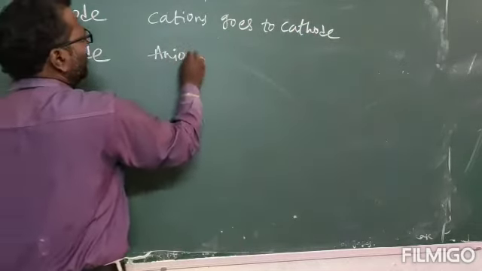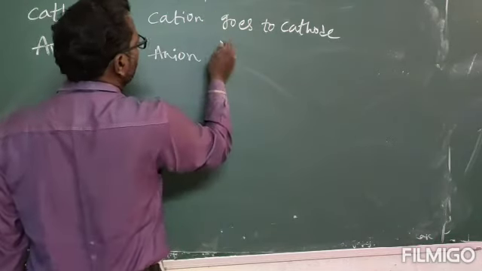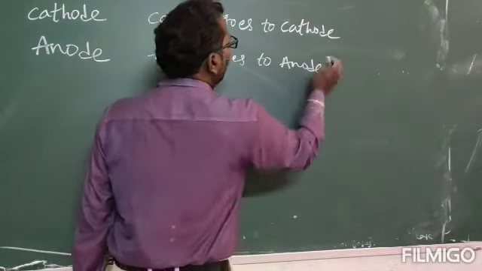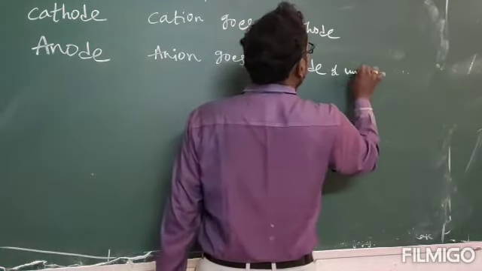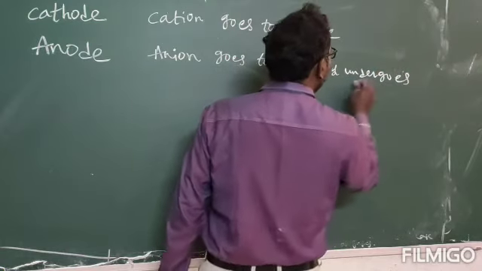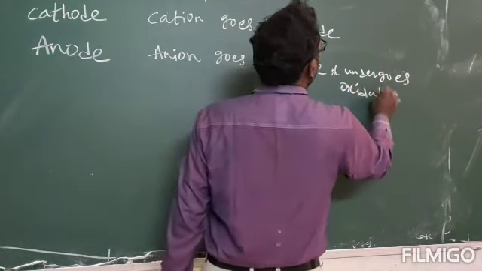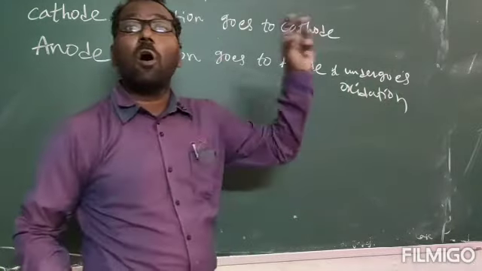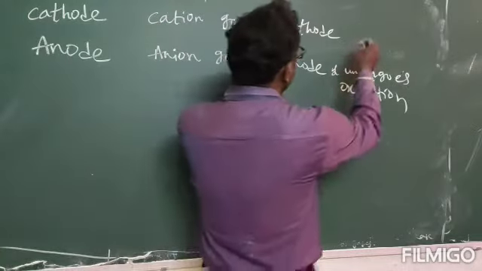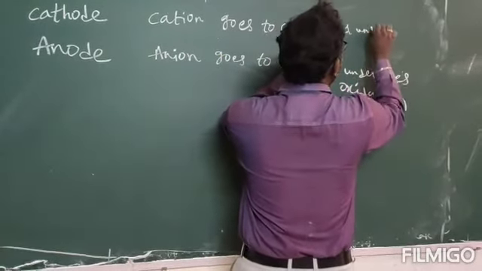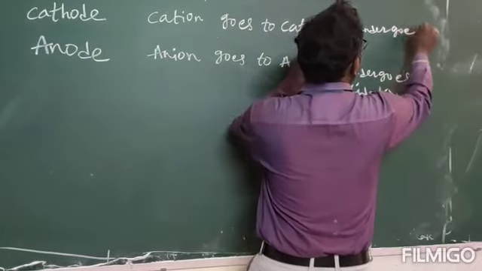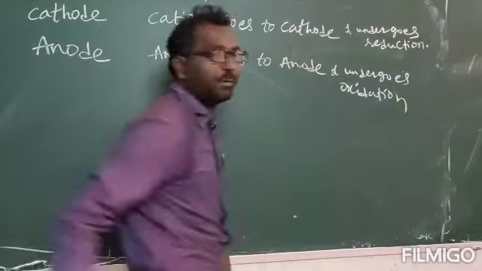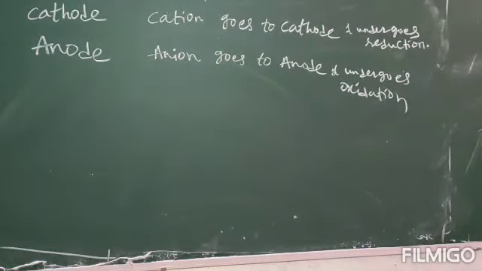Anion goes to the anode and undergoes oxidation. Cation goes to the cathode and undergoes reduction. This is the most important concept in competitive exams.